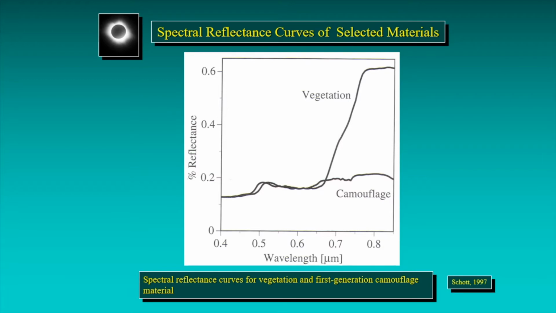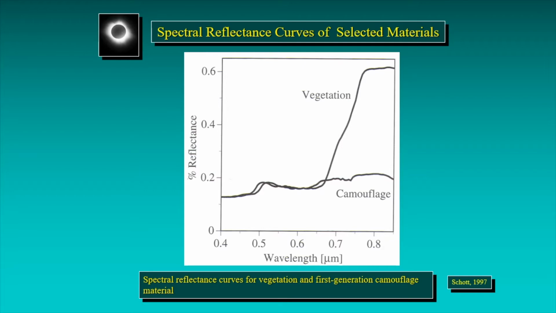So what we're seeing in this figure is a further illustration of one of the things I was talking about in the prior slide. Specifically, we see wavelength on the x-axis in units of micrometers, spanning from 0.4 out to beyond 0.8 micrometers in the near infrared portion of the spectrum. And on the y-axis, we have values of percent reflectance.